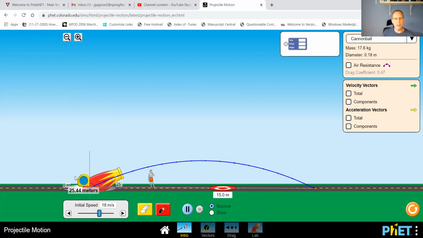That'd be my range for 25 degrees. Then I would increase this to 30 degrees and launch it, and just drag this, because the other end is staying at the cannon. Then measure that value and so on. And obviously 45 should give you the greatest range.